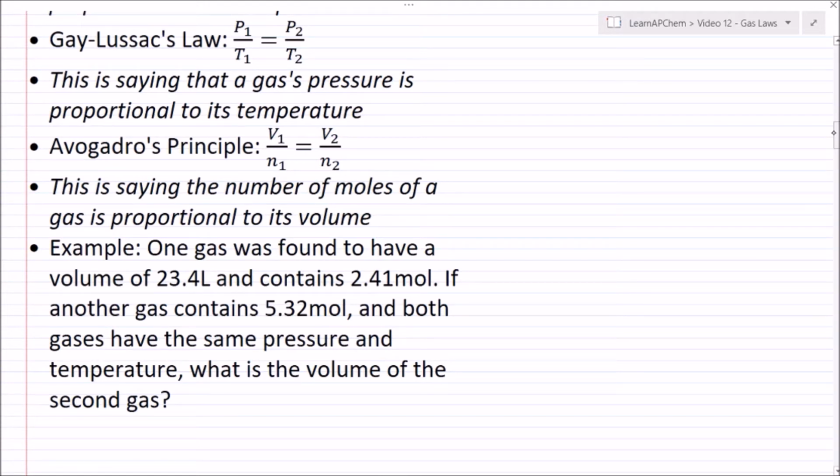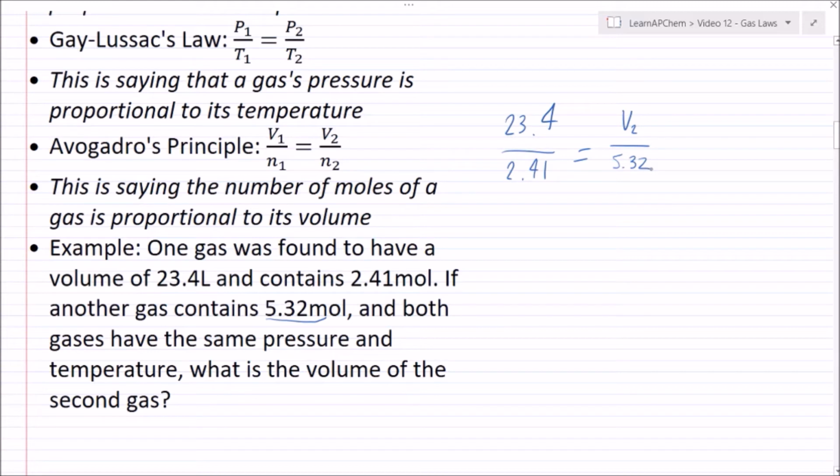So here, we just want to plug these into Avogadro's principle. Our V1 is 23.4 and our N1 is 2.41. Now, our V2 is unknown, just V2, and our N2 is right here, 5.32.